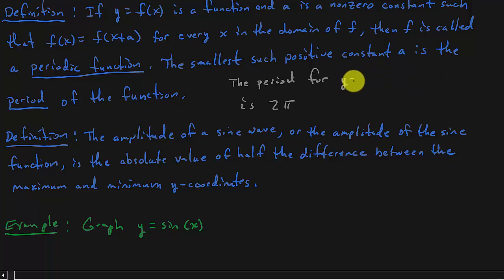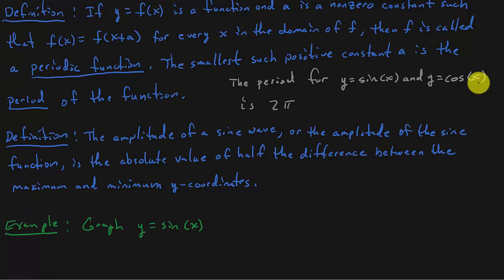For y equals sine x and y equals cosine x, the period is 2 pi. So you can graph it from 0 to 2 pi, and then from 2 pi to 4 pi, it repeats. 4 pi to 6 pi, it repeats. Every 2 pi, it repeats.